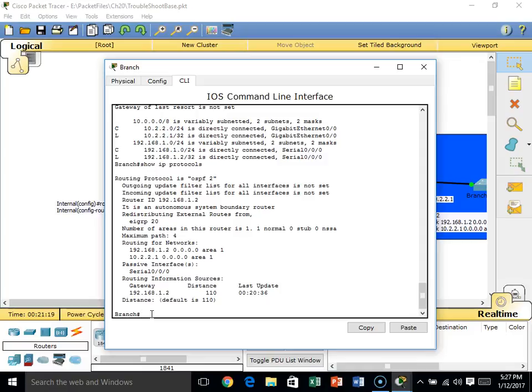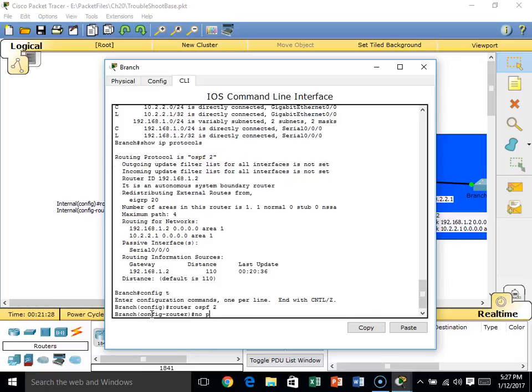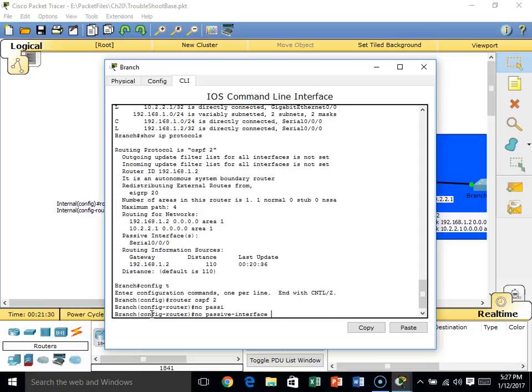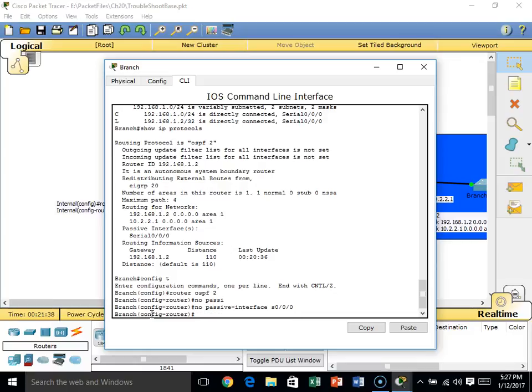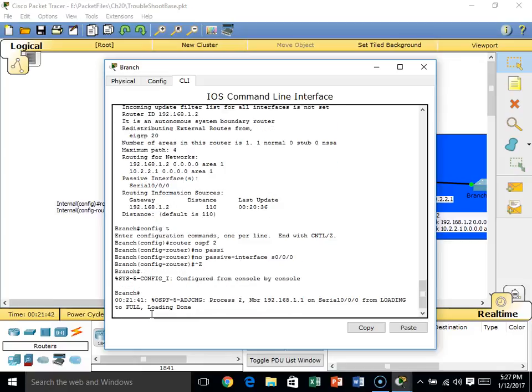So we need to go to, and it's OSPF 2, right? Config T, router OSPF 2, no passive interface serial 0/0/0. Is that right? Control Z. Now with any luck, yeah, there we go.